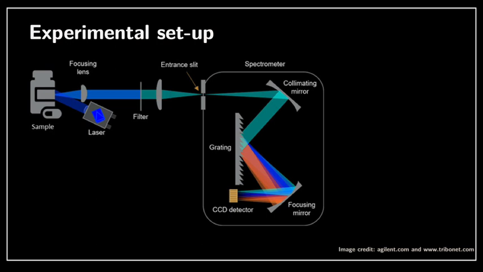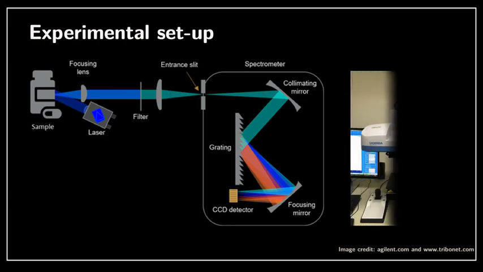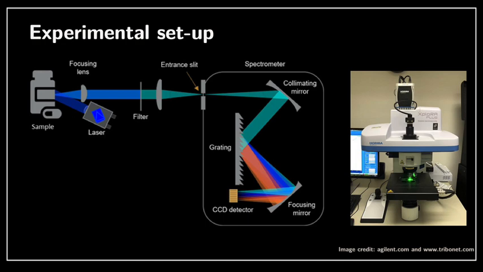What we want to understand is what are the principles that lead to different frequencies being recorded at the outcome in the CCD detector. So an experimental apparatus would look something like this. This is now tabletop. Of course, you can also have Raman within another experiment, but this would be a tabletop system that you would use.